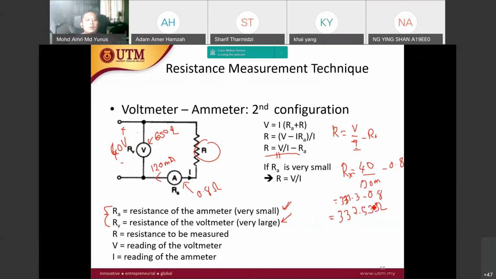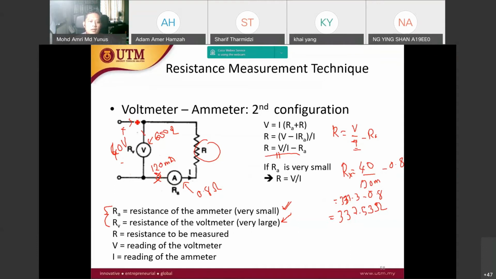Okay, but in this case, we need to calculate the ideal value, assuming that is the condition.